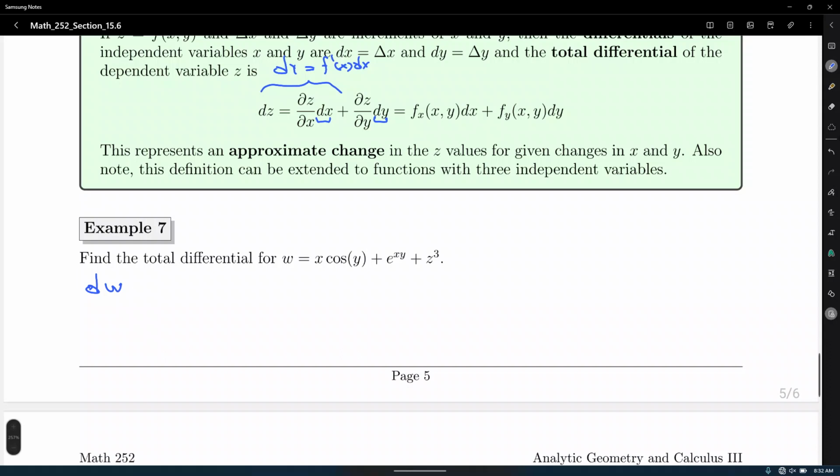So dw changes with respect to x, with respect to y, and with respect to z. That is, in this case, we need to find the partial of w with respect to x, the partial of w with respect to y, and the partial of w with respect to z. Okay, so let's find the partials here.